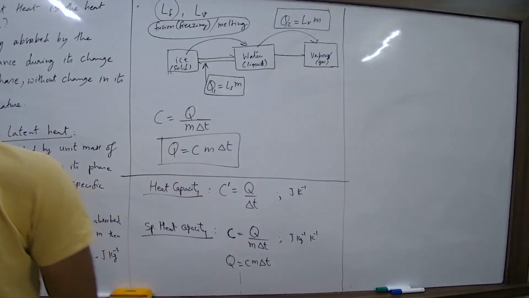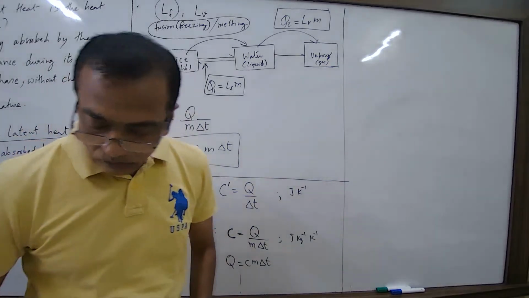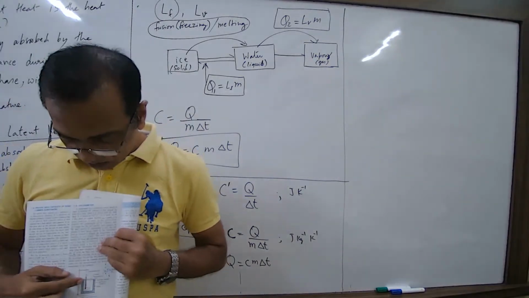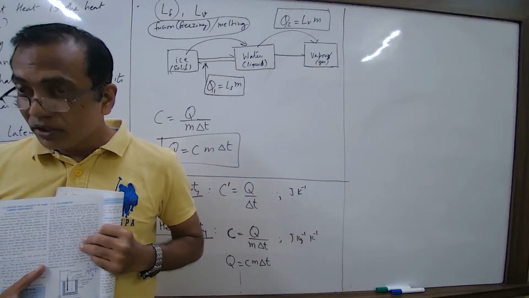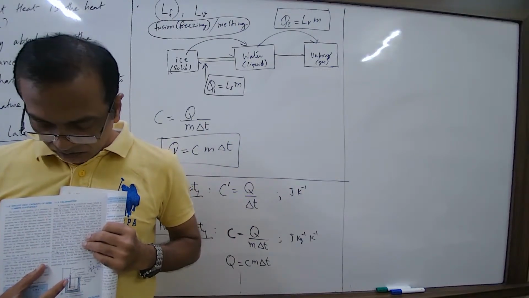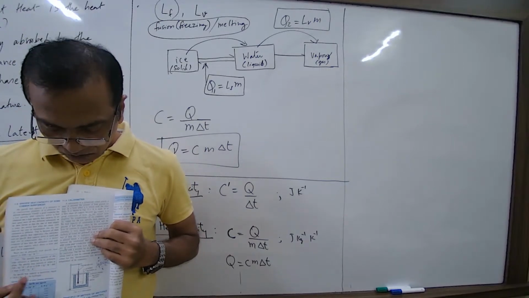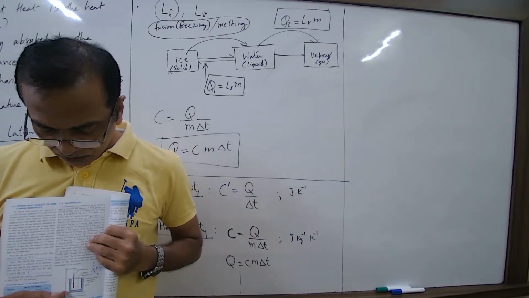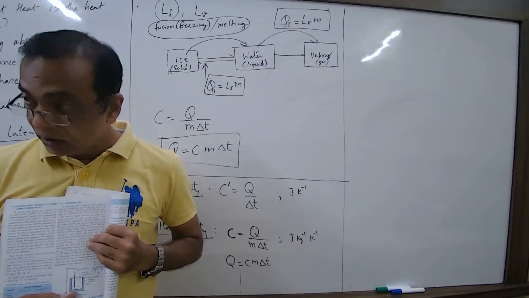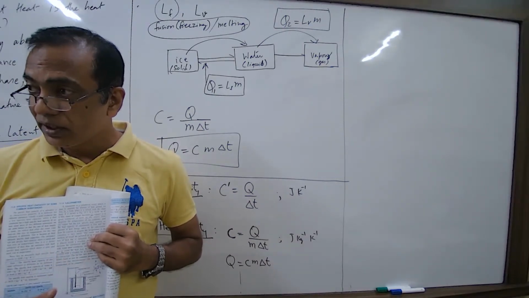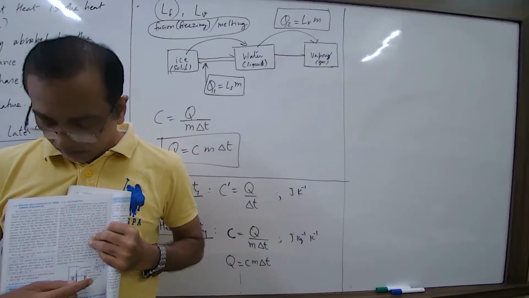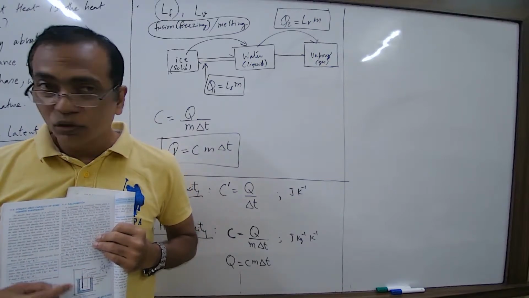Now see. This is the construction of the calorimeter I explained. During heat exchange, heat is only exchanged between the metal block and water. It's not going outside. We have ensured that by putting the calorimeter inside a heat insulated casing, a wooden jacket, and then filling it with some wool or cotton.